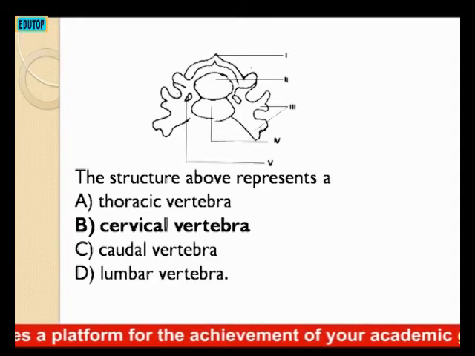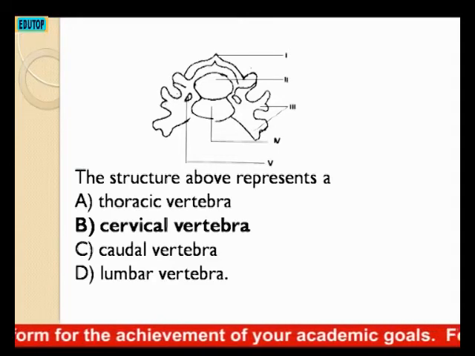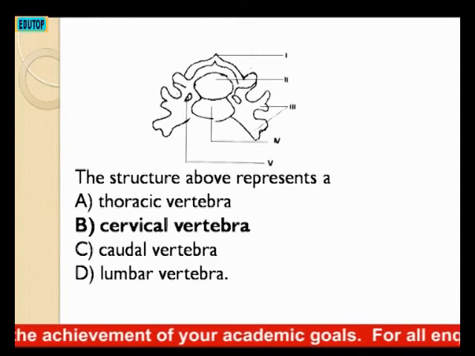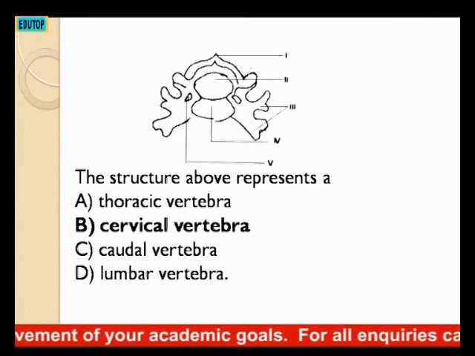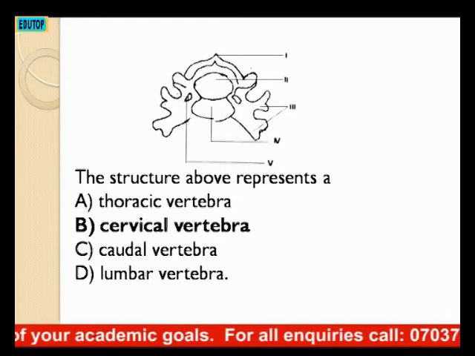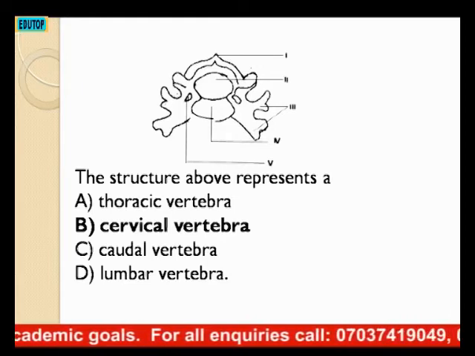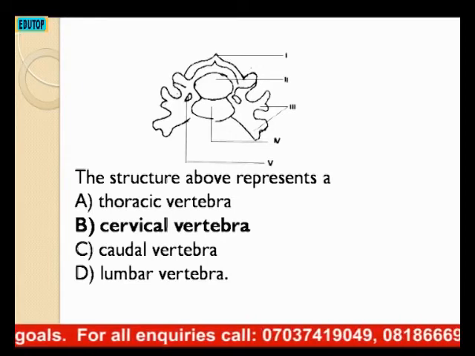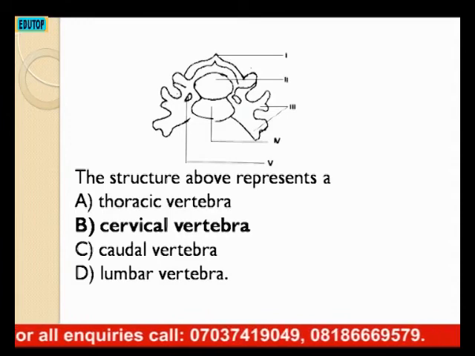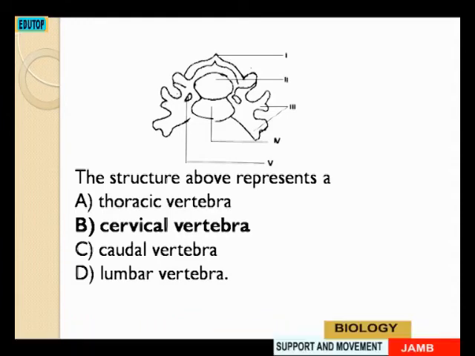It's a cervical vertebra, option B. The cervical vertebra is labeled 1 to 5: 1 is the neural spine, 2 is the neural canal, 3 is the cervical rib, 4 is the centrum, and 5 is the vertebral canal.